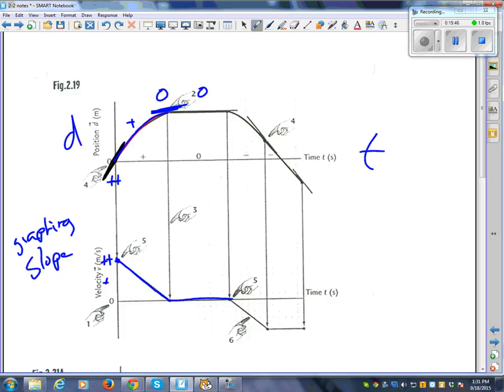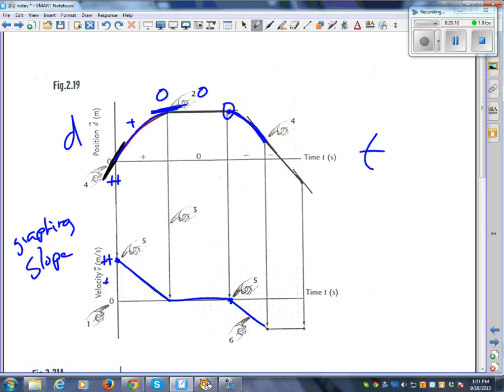Okay, Alex, what is happening to the value of the slope over this interval right here? Is it becoming positive or negative? It's becoming more and more negative, right? Steeper and steeper. So the value of the graph moves away from 0, right? It moves away from 0, and it goes more and more negative.